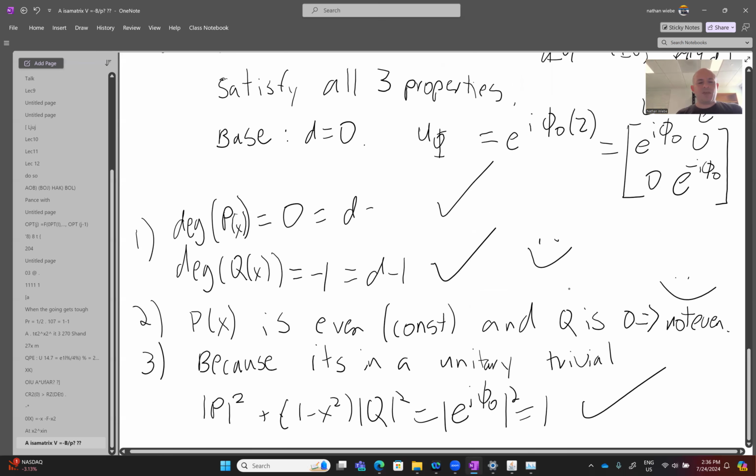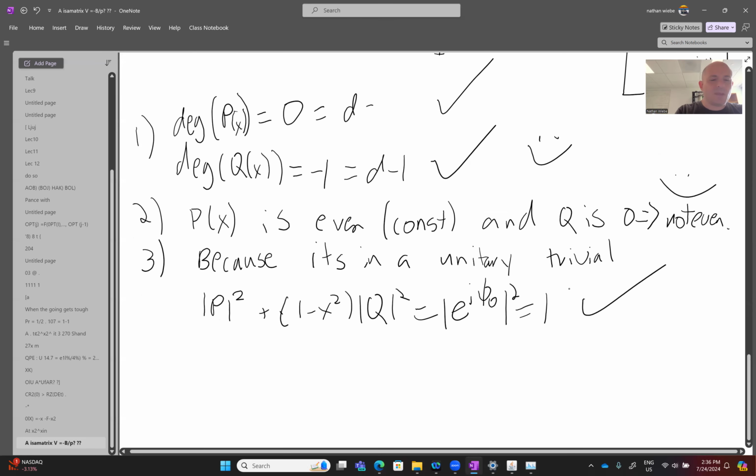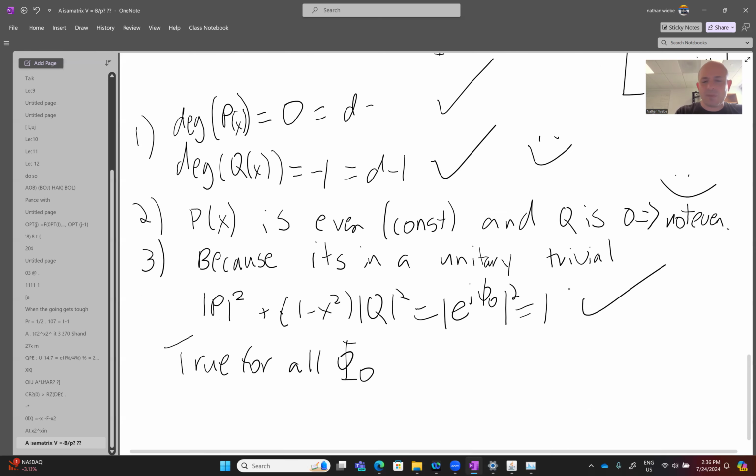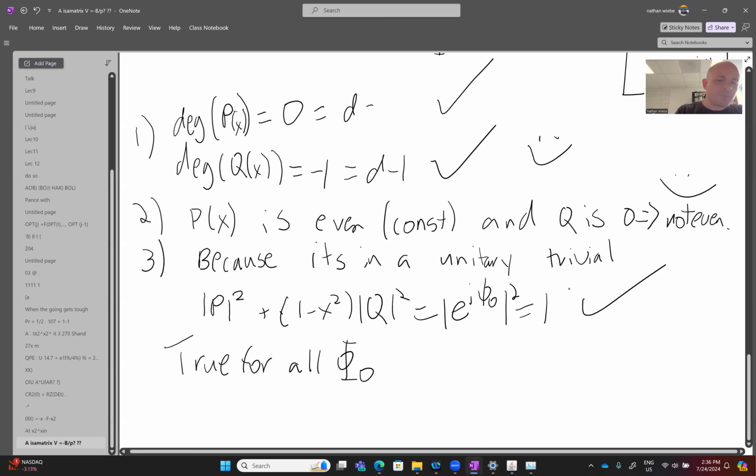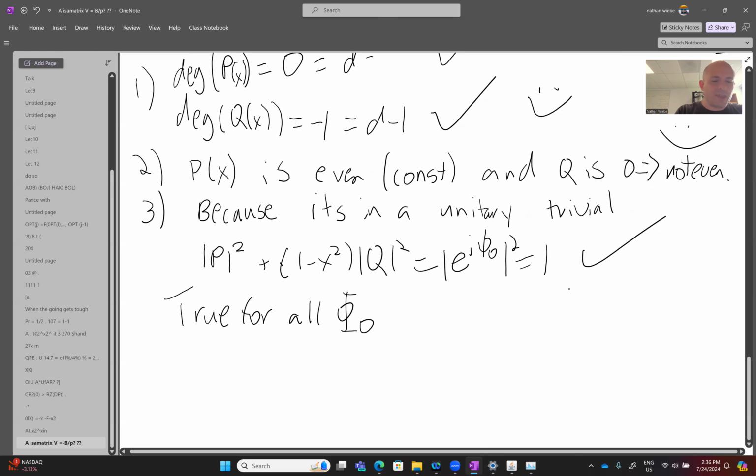And thus, condition 3 is satisfied. And this is true for all phi 0. Therefore, there exists a d such that the forward direction works.